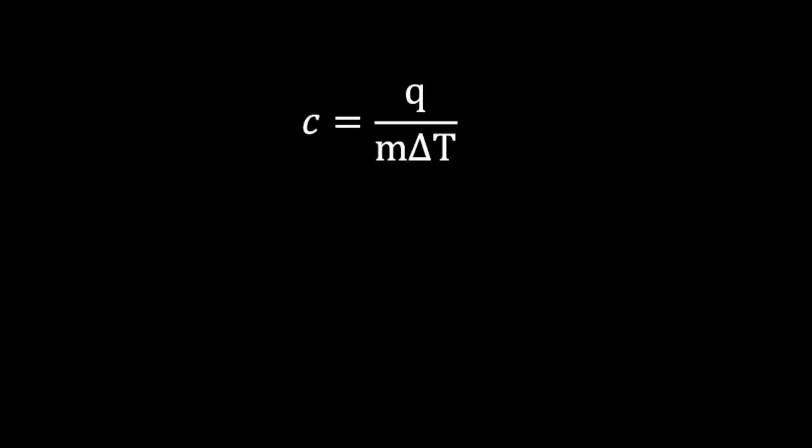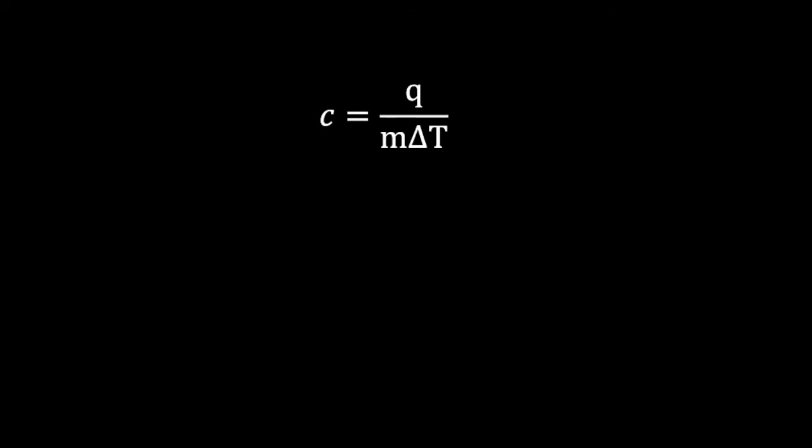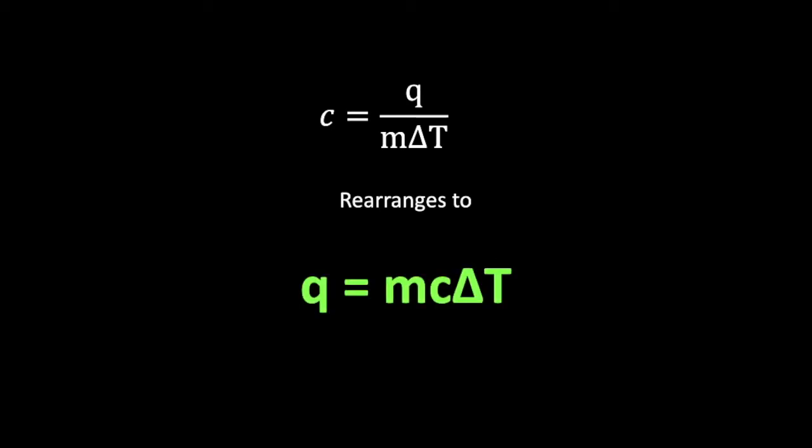We can rearrange this equation for specific heat capacity to determine how much heat is entering or leaving a substance. Just use algebra. So we start with C equals Q over M delta T, and we can arrange it to Q equals mass times specific heat times delta T, or Q equals MC delta T. Some people like to think of this as "Q-M-C-A-T."